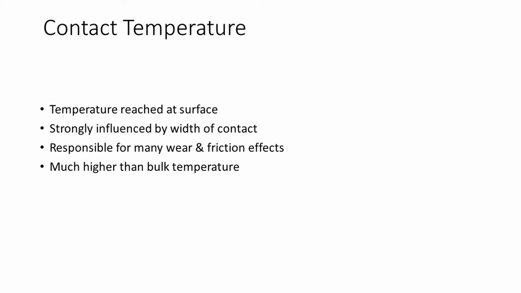It follows that a very small distance from the asperities, the temperature distribution is smoothed out to give an interfacial bulk temperature from which we can derive an average contact temperature distributed over the nominal contact area. This average contact temperature will always be higher than the bulk temperature of the material, as measured by some sensor embedded in the bulk of the material at some distance from the contacting surfaces.